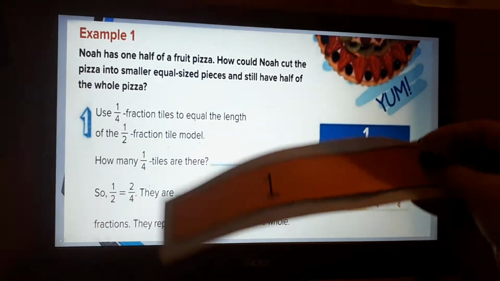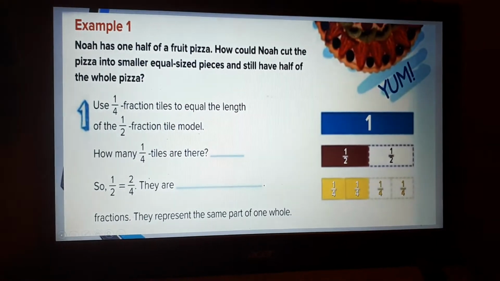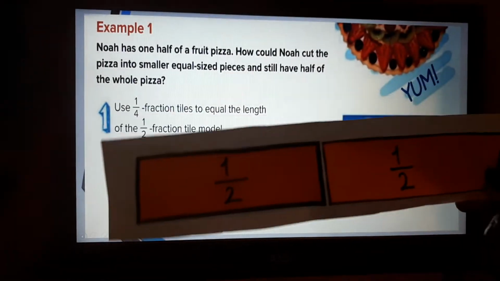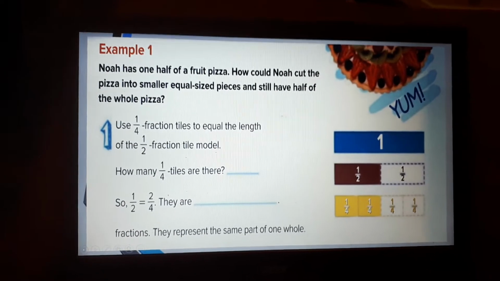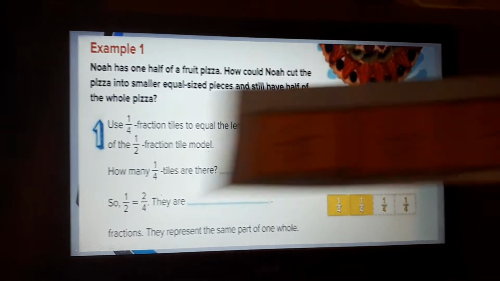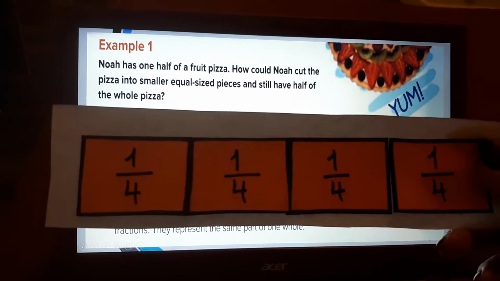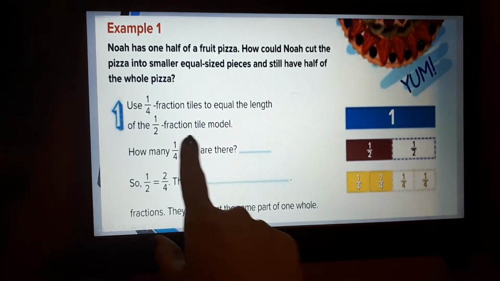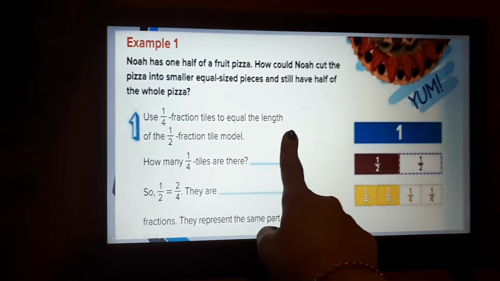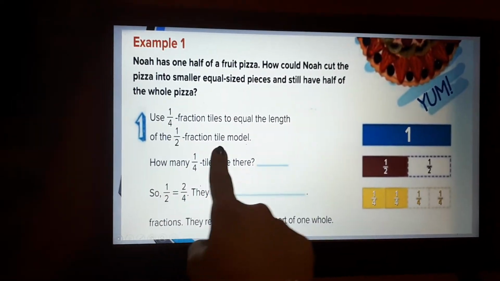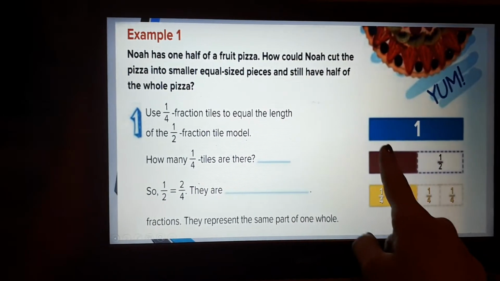You see? One is a whole. He cut it into 2 pieces, and he cut it into 4 pieces also. Okay? So, use 1 over 4 fraction tiles to equal the length of the one half fraction tile of the fraction tile model.